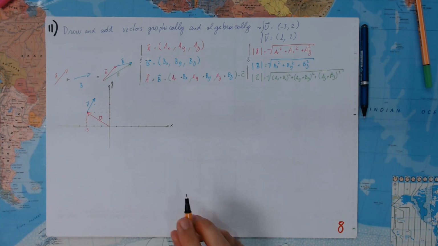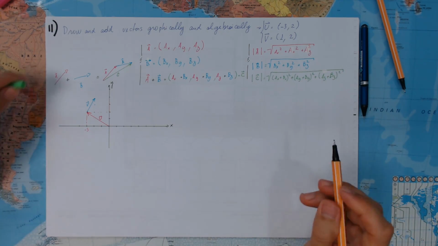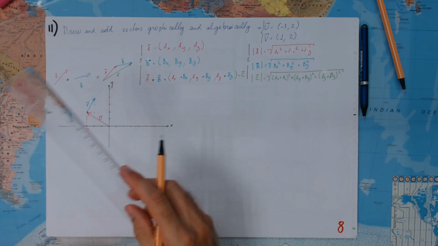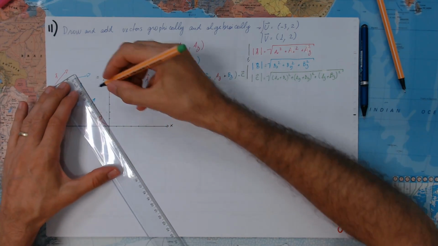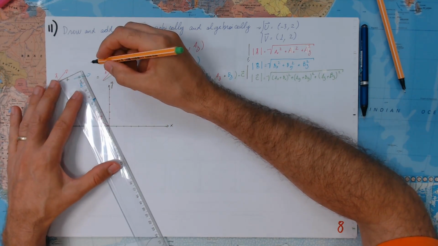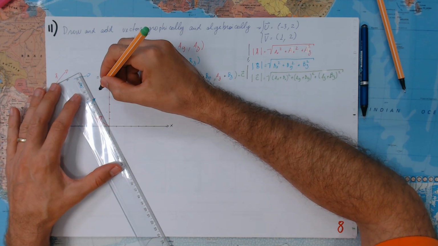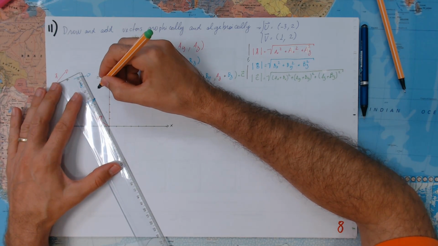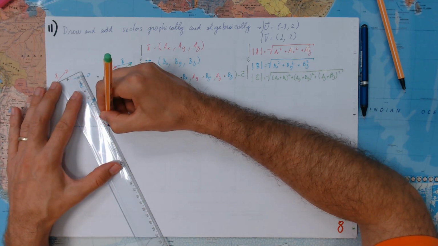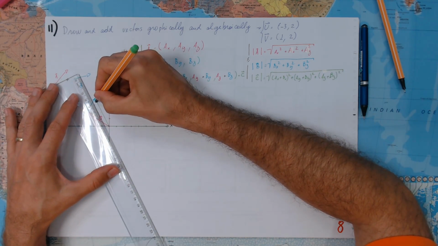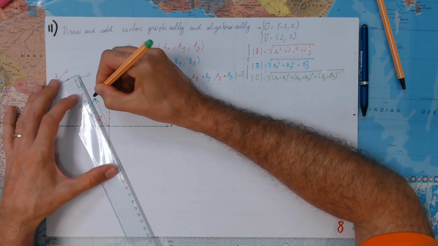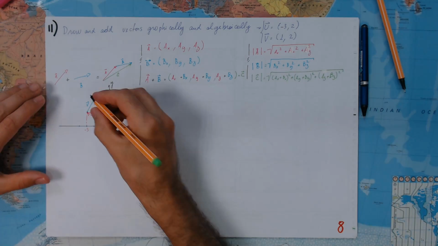Okay, and our resultant, which is going to be the green one, is going to be c. It is going to go from the start up to the end. This is going to be our c.